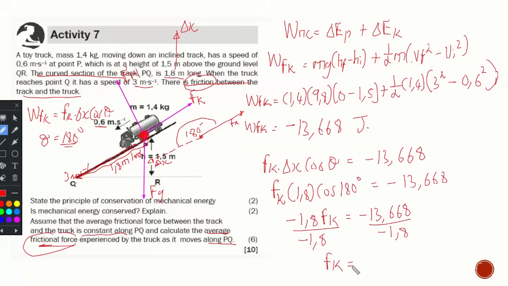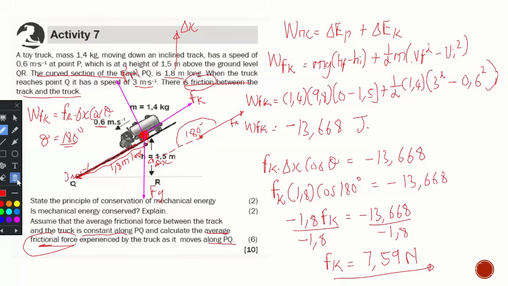So 13.668 divided by 1.8, and this will give us 7.59 newtons. Remember, we are now calculating the force, so the force is given in newtons. And that's basically how you would tackle that question for 6 marks, right? So pretty interesting question there.